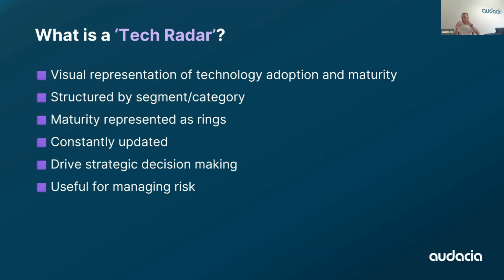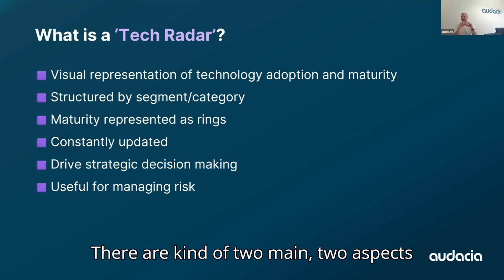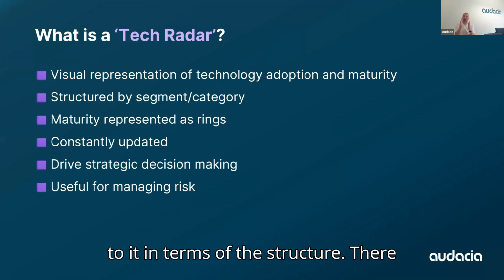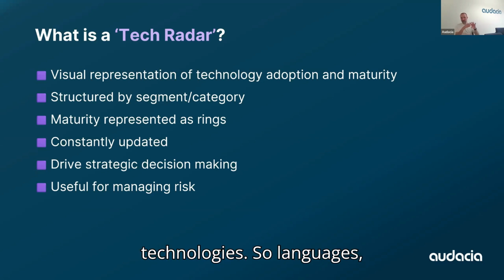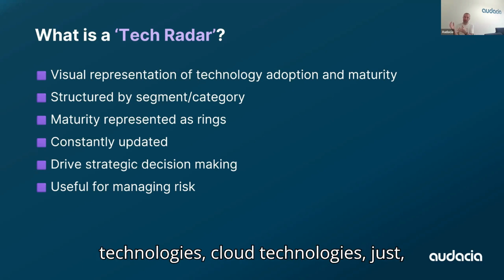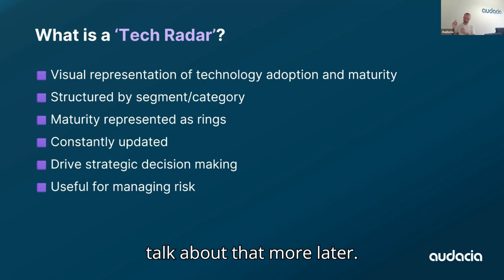There are two main aspects to it in terms of the structure. There are different segments, so different ways of categorizing technologies. Programming languages or frameworks might be a particular category, or database technologies, cloud technologies, just whatever works for you really. We'll talk about that more later.